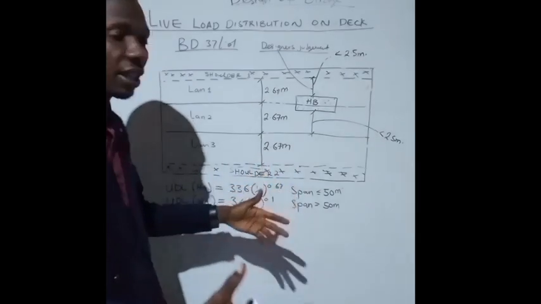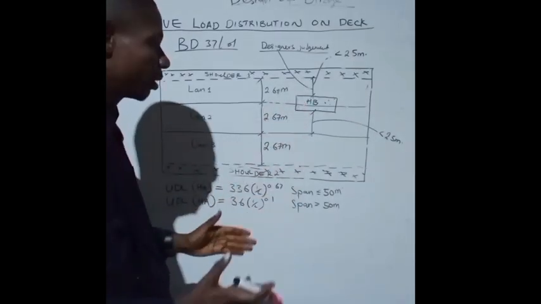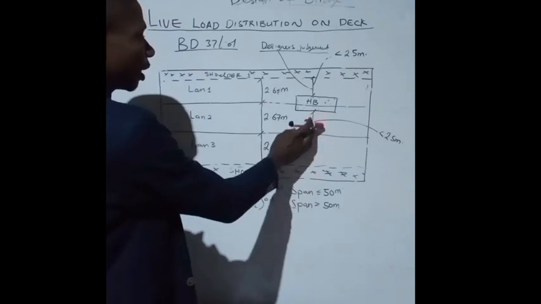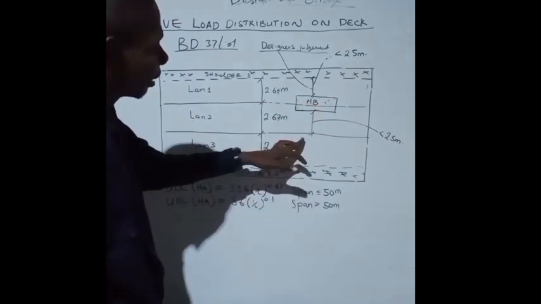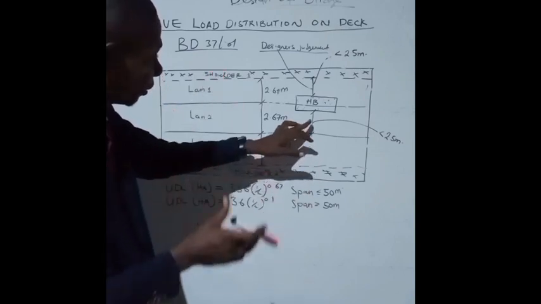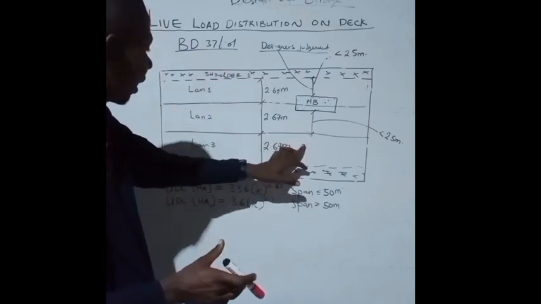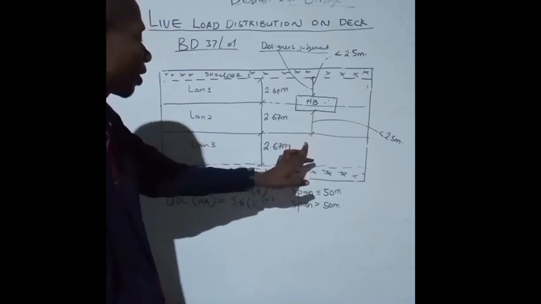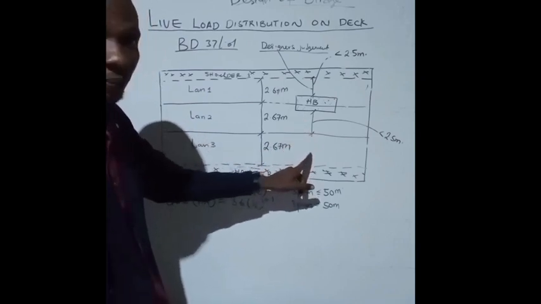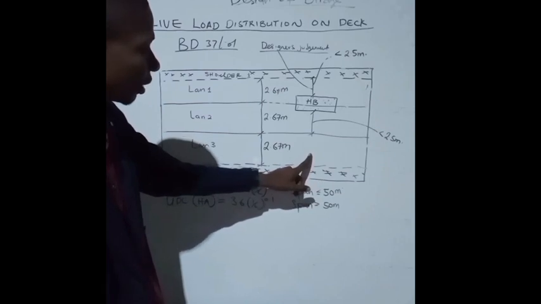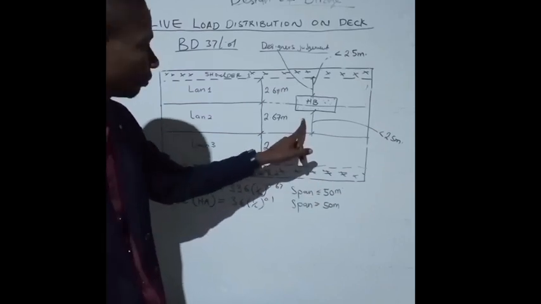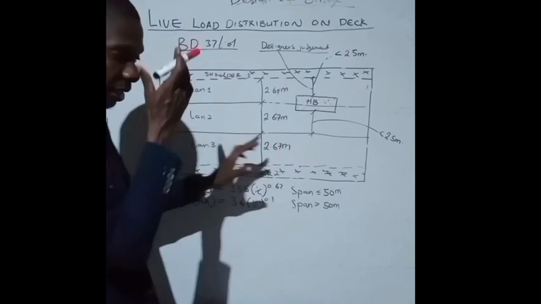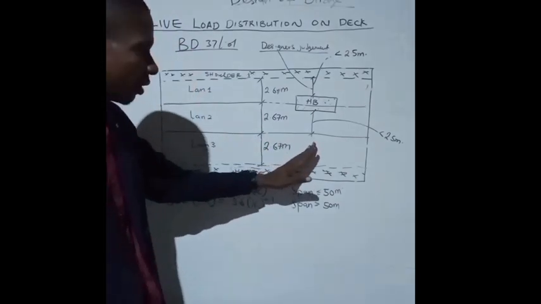Let's assume you are given an offset between the HA and the HB. Let's assume we are given 300 between the HA and the HB here. So what it means is that the HA load will be extending beyond the first lane. It will extend beyond the 2.67 meters that we have as the first national lane on this direction.